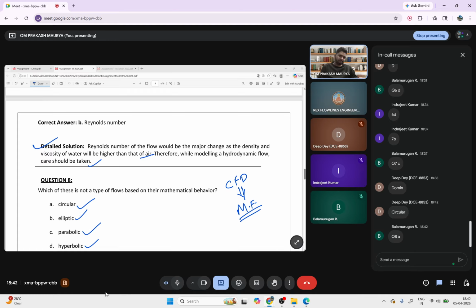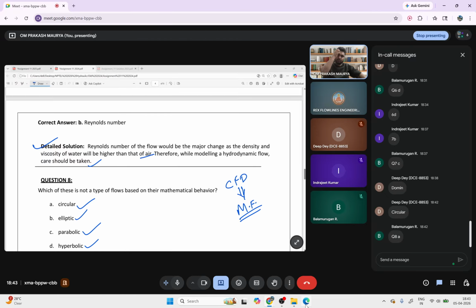You have some mathematical background on whether the partial differential equation, that is the Navier-Stokes equation and other equations, will follow elliptic, parabolic and hyperbolic types of solutions. Okay, both of you are telling circular.